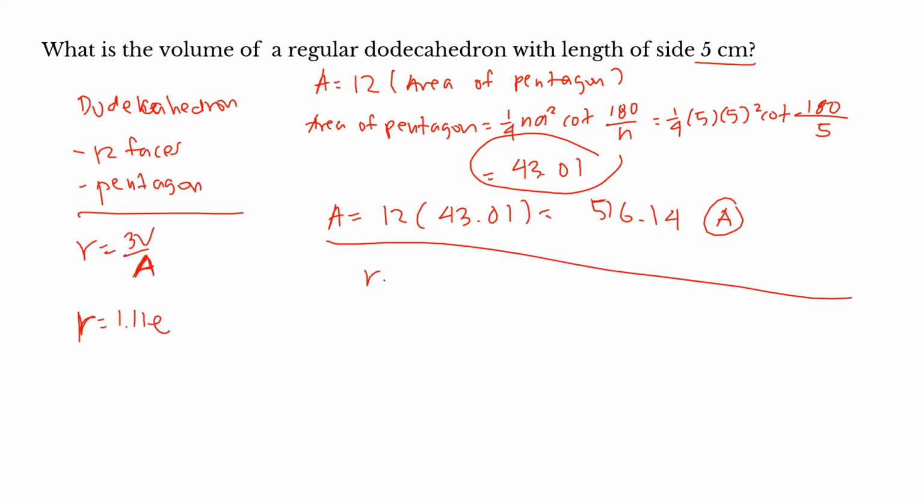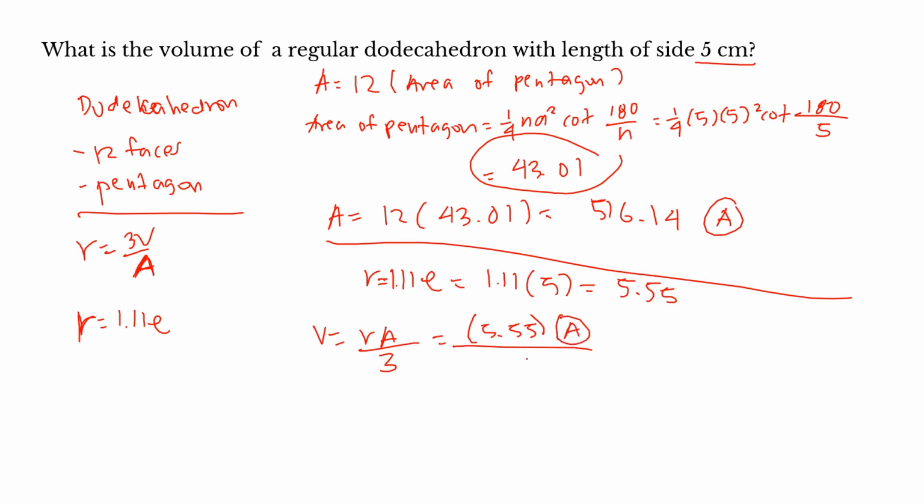How about the radius of the inscribed sphere? That is 1.11e. So 1.11 times 5, that is equal to 5.55. Okay? So, sige, solve na ito ang volume. Volume is just RA over 3. R is 5.55. A is katong naka-shift store A na to class, all over 3.